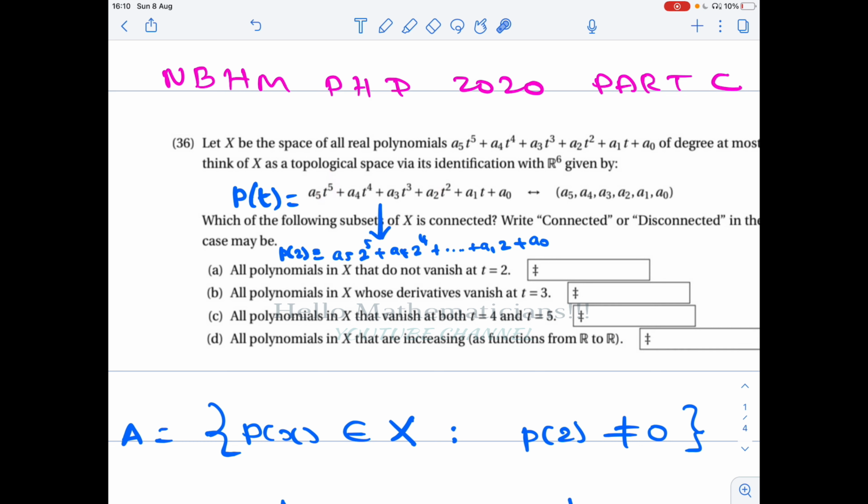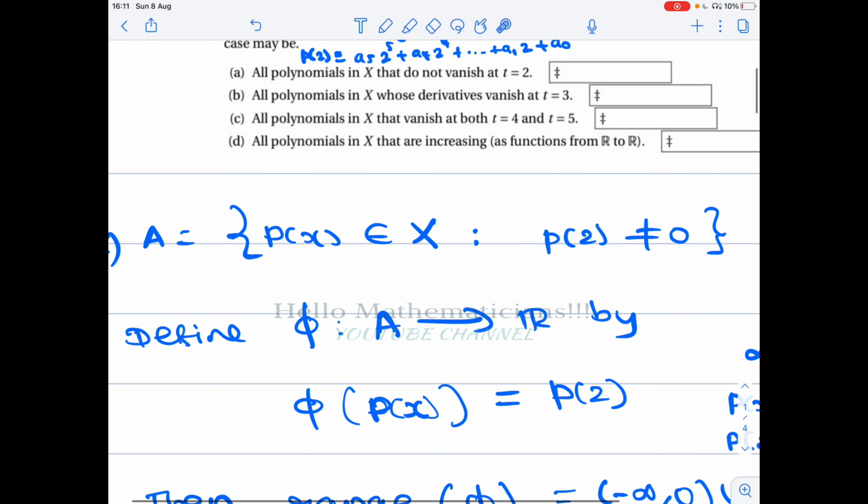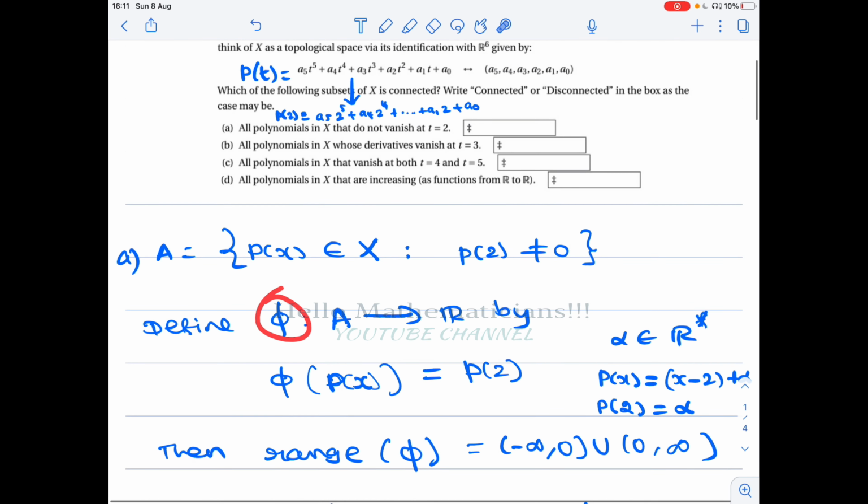Therefore, evaluating the value at 2 is a combination of various continuous functions. Therefore, phi is a continuous function. Therefore, A is disconnected is proved.